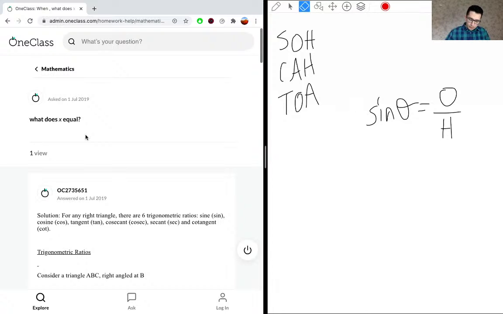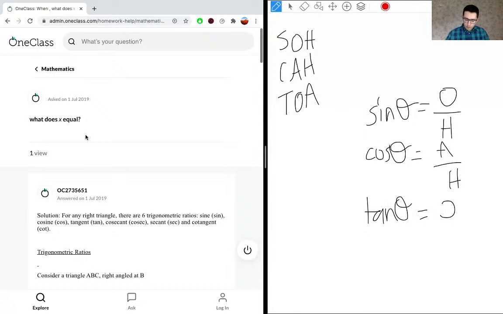And then we have cos theta is adjacent over hypotenuse, and then tan theta is opposite over adjacent. So here we have the S is sine, OH is opposite over hypotenuse, C is cos, AH is adjacent over hypotenuse, T is tan, and we have OA for opposite over adjacent.